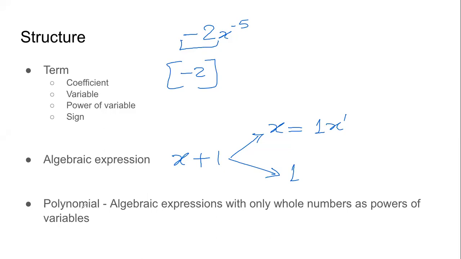Right? Similarly, if we have to write the second term with all its components, then we can write 1 x to the power 0. We can also write 1 y to the power 0, and it will be the same. So in this case, the variable can be anything. The power of the variable is 0. The coefficient is 1.